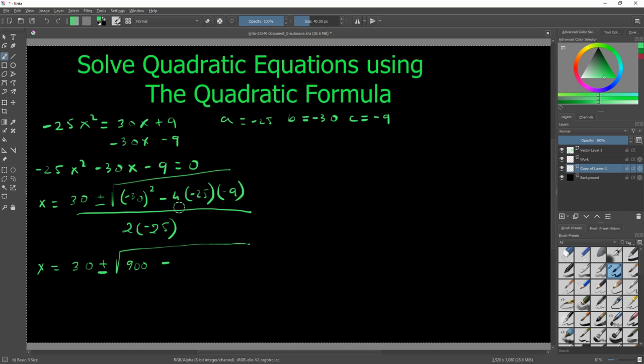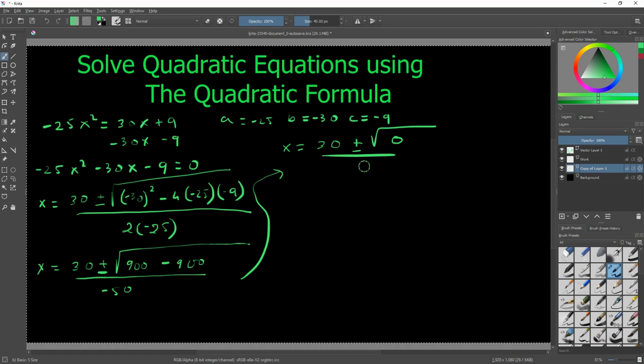So that's negative. And then multiply these numbers, I get 900, all over negative 50. And then I simplify this. I get x equals 30 plus or minus radical 0 over negative 50.